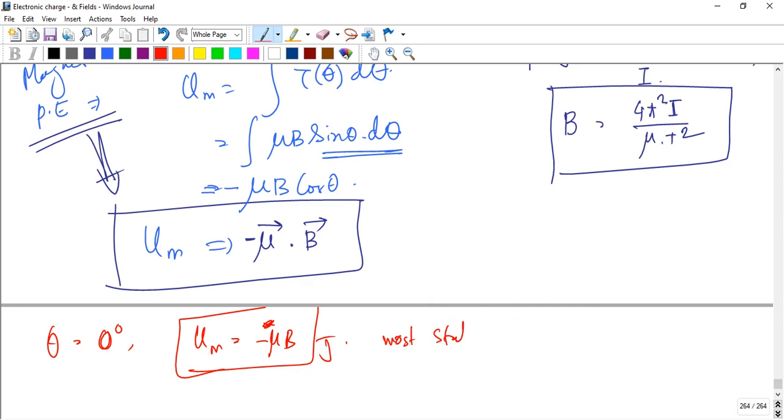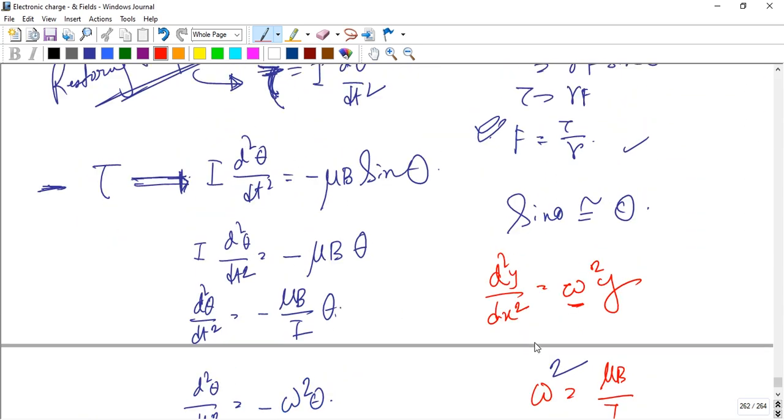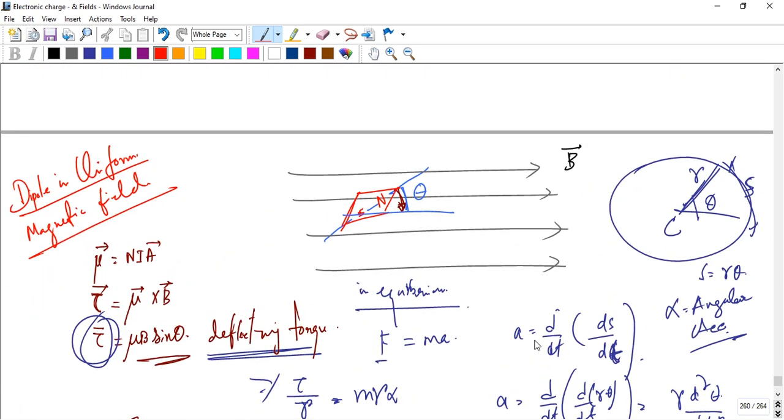Stable condition means the compass needle is aligned in that direction. That's why this angle theta is equal to 0 degrees. That's the most stable condition.